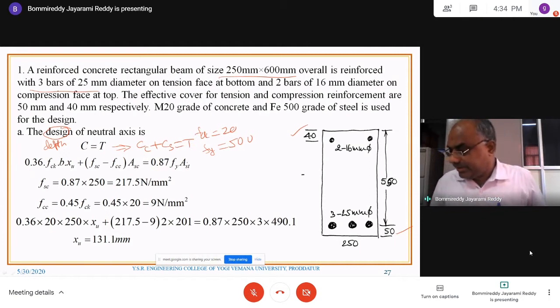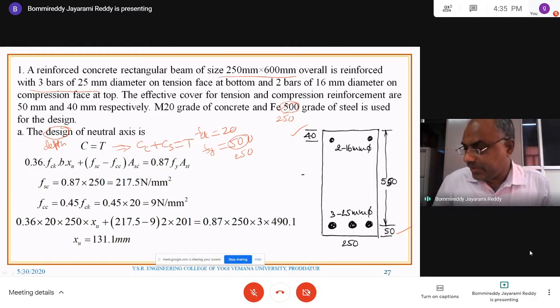Here, a small mistake, please. Here it is 250. In the problem, it's a small calculation. Fe 250 is considered. So if Fe 250 is considered, fsc is nothing but 0.87 fy.